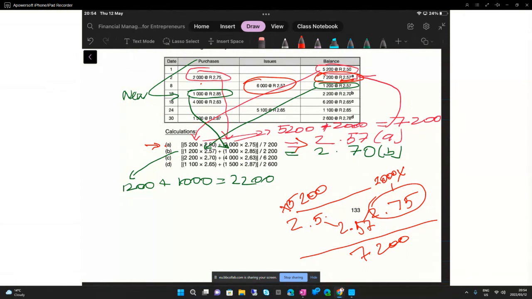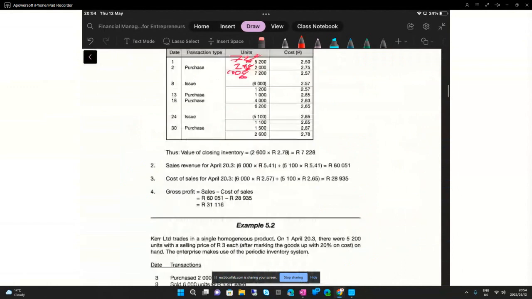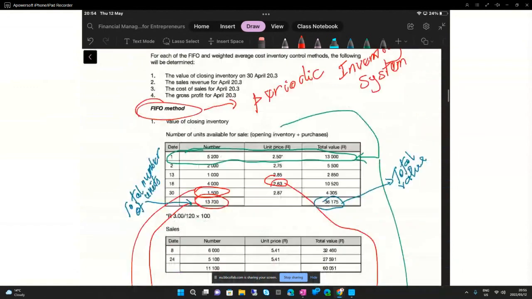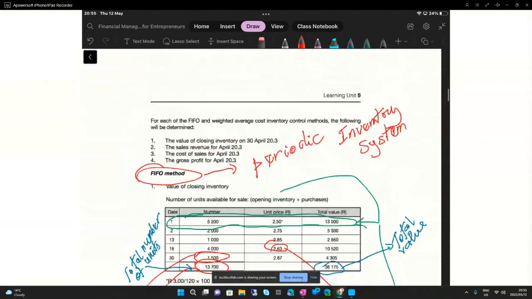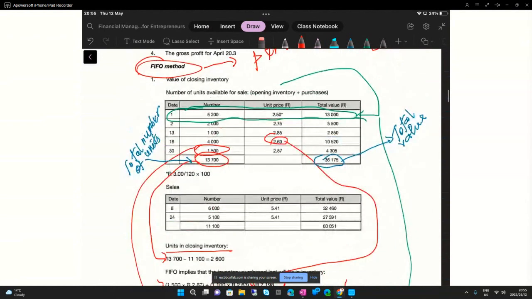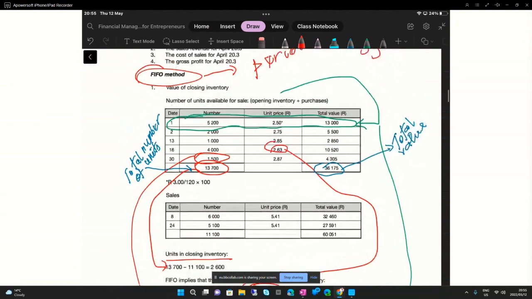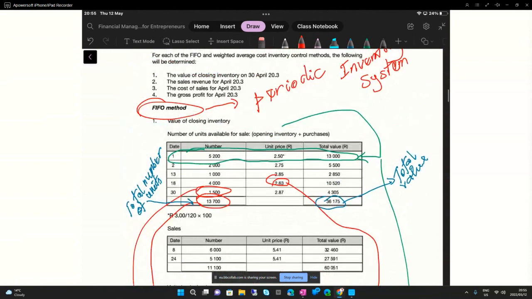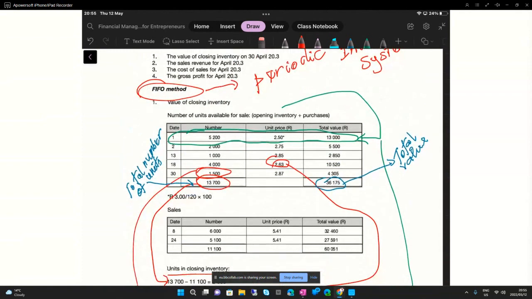And in the periodic inventory system, which we will see now, we're going to use also FIFO and weighted average methods, right? So as you can see, it's also the same thing, but the table that is being used is different.